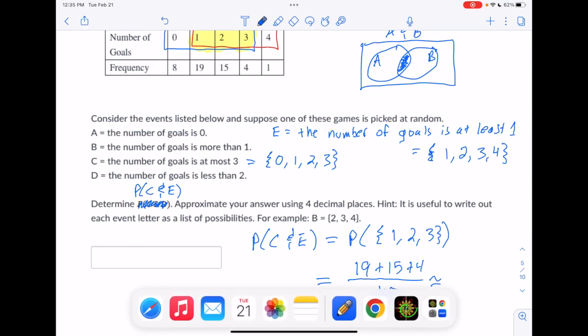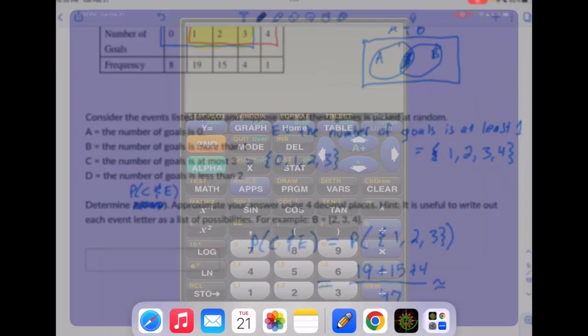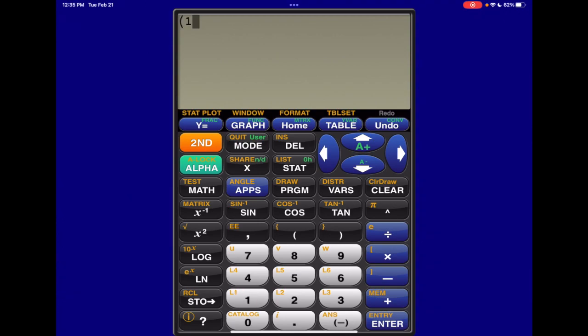So we switch over to the calculator for that. 19 plus 15 plus 4, always remembering to put numerators in parentheses if there's more than one number. Then divide that by our denominator, 47. Round that to 4 decimal places, so 0.8085 followed by a 1. With the 1, we stick with the 5 instead of rounding up.